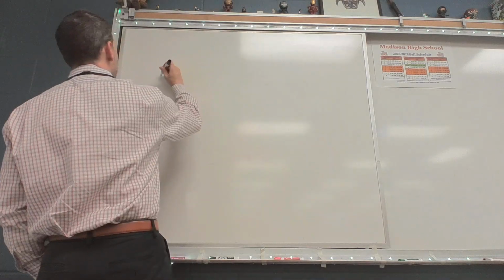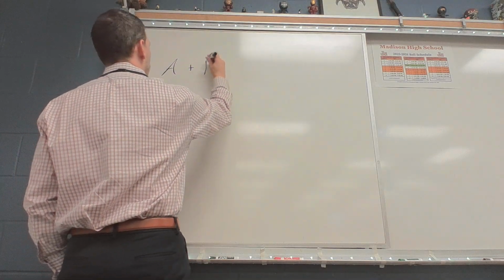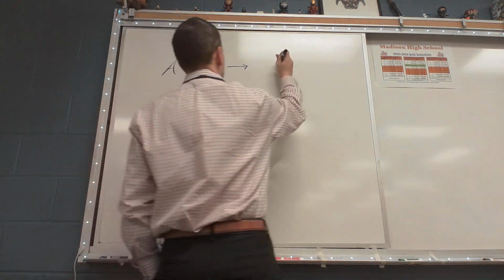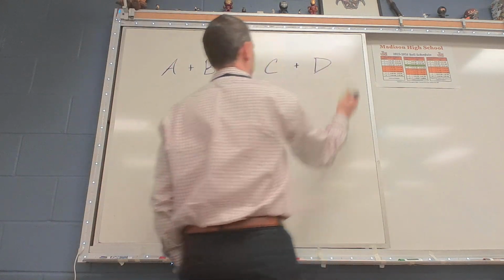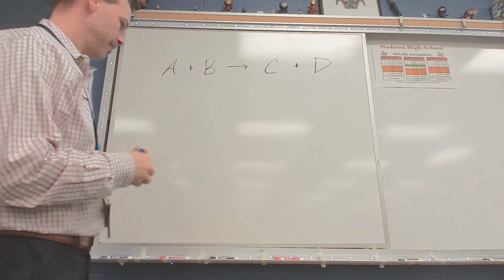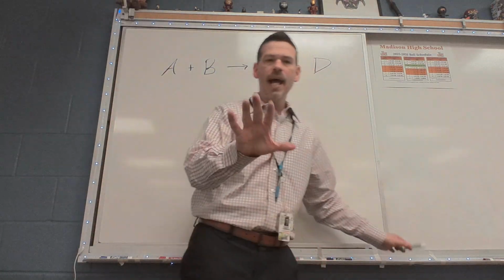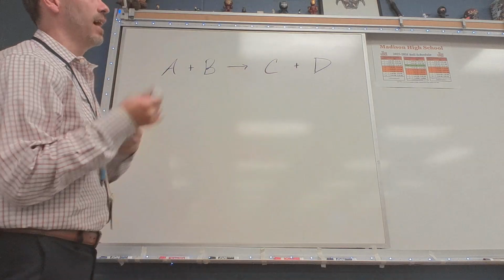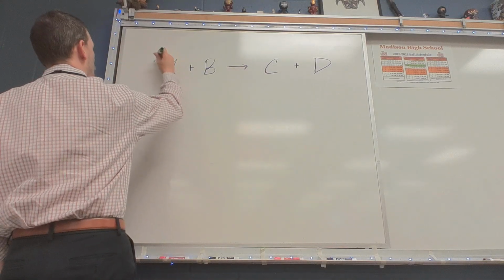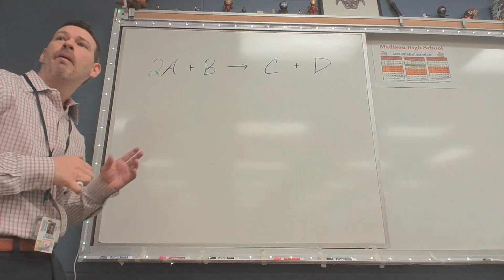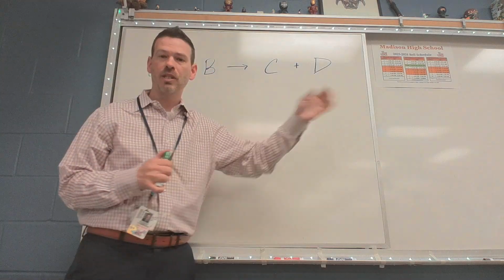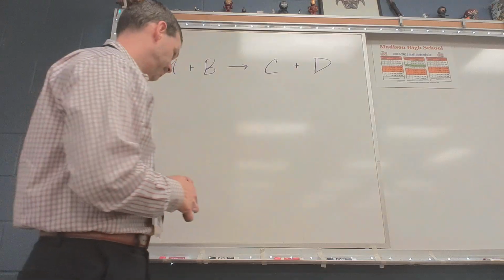If you look at this new slide, you'll see at the top that we've got A reacting with B to form C and D. But not only that, it gives us the coefficient of the first reactant. The other mole ratio parts are variables that it wants us to find.